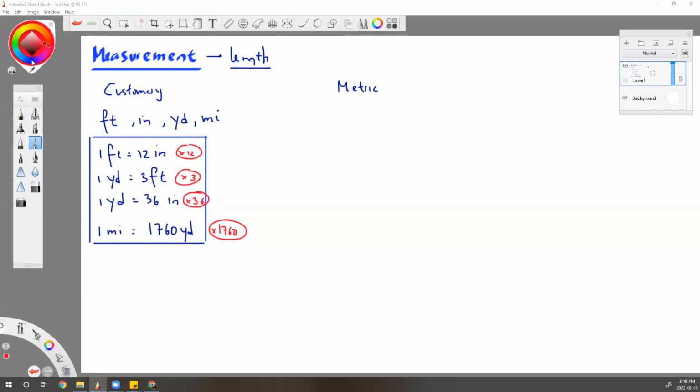Now we are learning about the metric units. The metric unit is very simple. It's km, hm, dam, decameter, meter, and so on. I'll use the help of a stair so you can see this easily. This is the stair of the metric units.